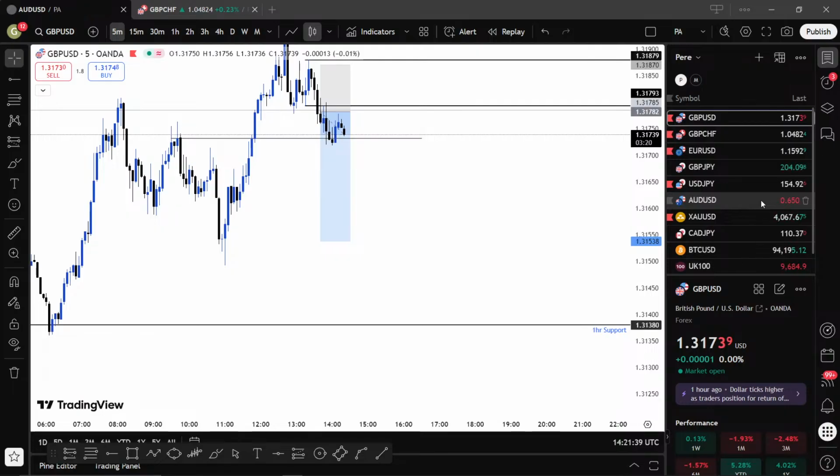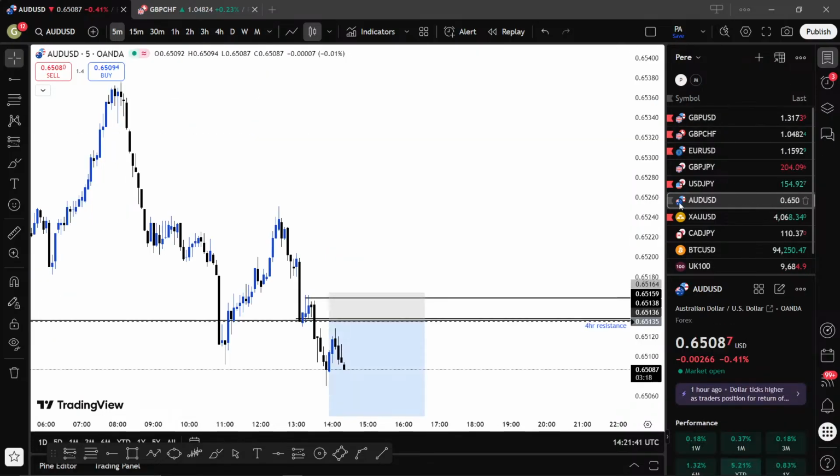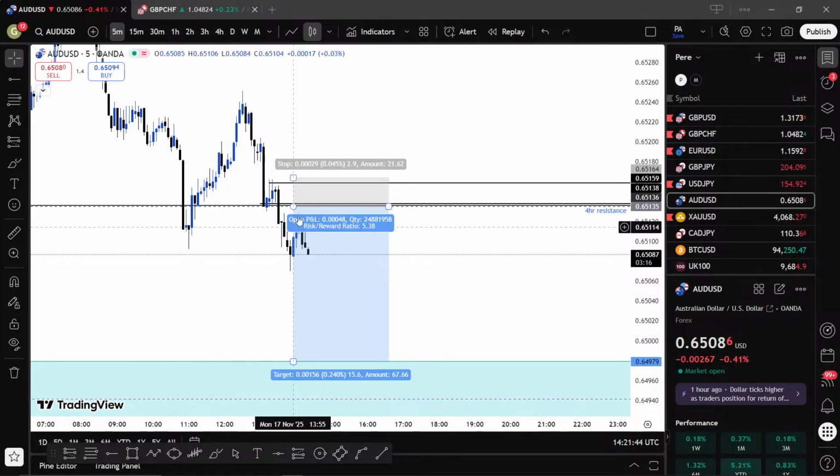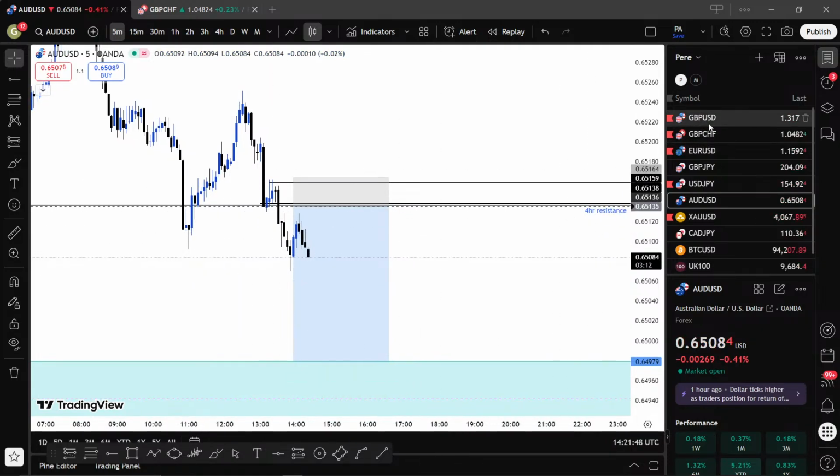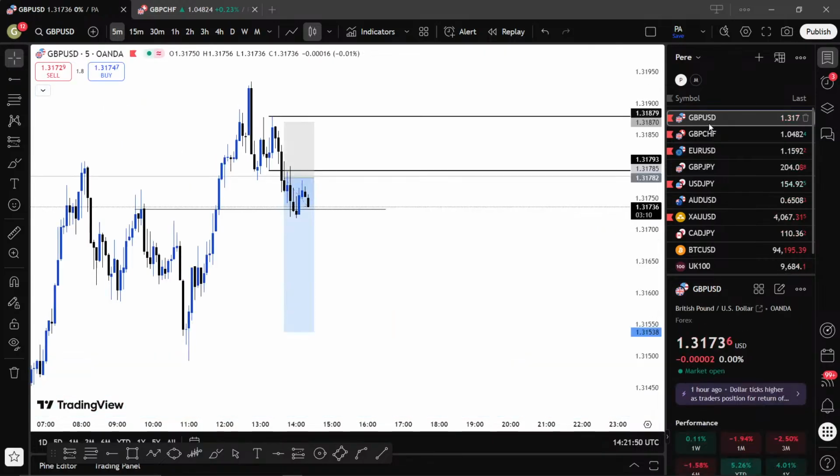Let me take a look at AUD USD. Man, it retraced but I couldn't get to the level or entry level. So we are still holding. We are still stuck with our GBP USD that we are holding. And it just keeps going back and forth.